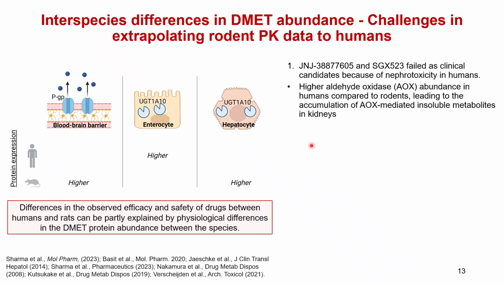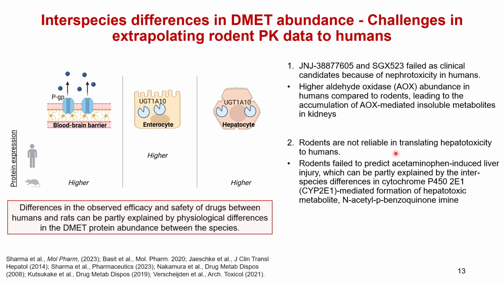For example, this compound by J&J, SGX-523, failed as a clinical candidate because of nephrotoxicity in humans. This is likely because of the higher aldehyde oxidase abundance in humans compared to rodents, which led to the accumulation of AOX-mediated insoluble metabolites in human kidneys, which was not caught earlier while the drug was being tested in rodents. Rodents are also sometimes not reliable in translating hepatotoxicity to humans.